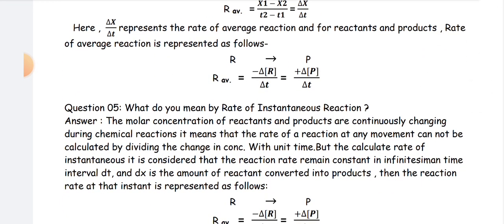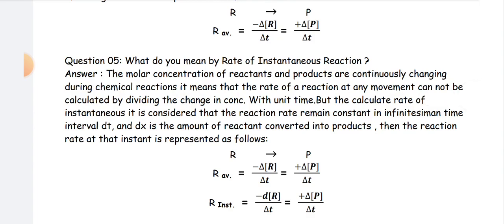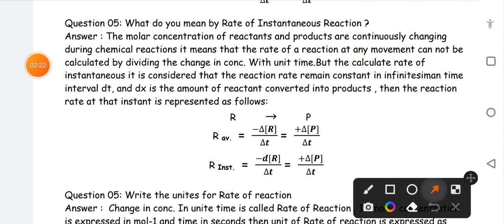You know very well, average rate is represented by R_av and instantaneous rate by R_ins. For R_av use the delta sign, and for instantaneous rate use d, differentiation. Here R means reactant and P means product.